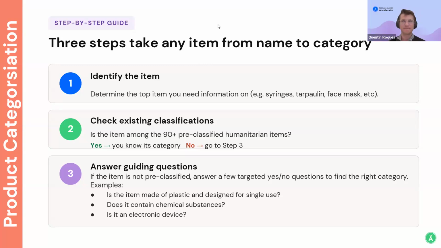Yeah. What you will need to do to use the categorization is, first, of course, identify for which item you want to see the hotspots, the impacts, and so on. And then the list of 90 humanitarian items that we used to create the categories, you will have it accessible, and you will know if your item is part of this.